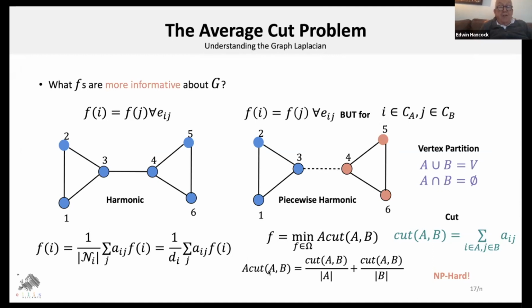And I've defined the average cut at the bottom of the slide. The average cut for the bipartition into the sets A and B is the cut for A and B divided by the number of nodes in A, plus the same thing divided by the number of nodes in B. And generally speaking, finding a function that will optimize this cut is an NP-hard problem.